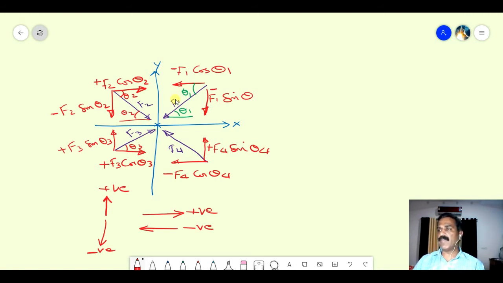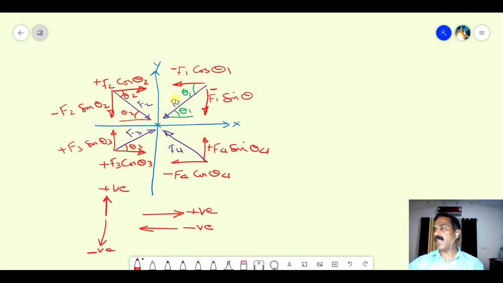So in the first quadrant, both the components are negative. Second quadrant, the horizontal component is positive, vertical component is negative. Third quadrant, both of them are positive, and in the fourth quadrant, vertical component is positive and horizontal component is negative. You can see from the figure. So this is how we split the forces into its components.